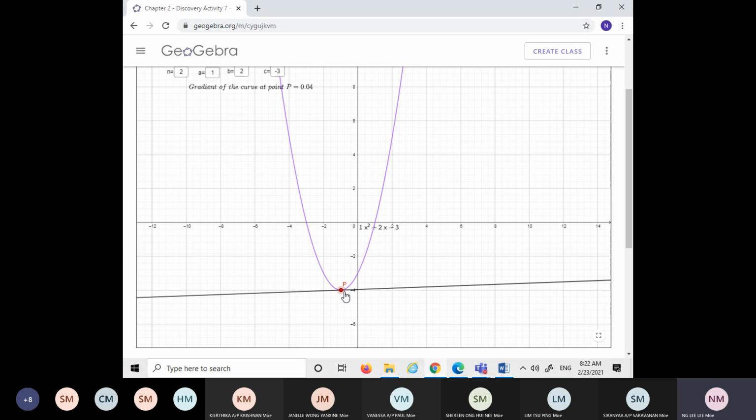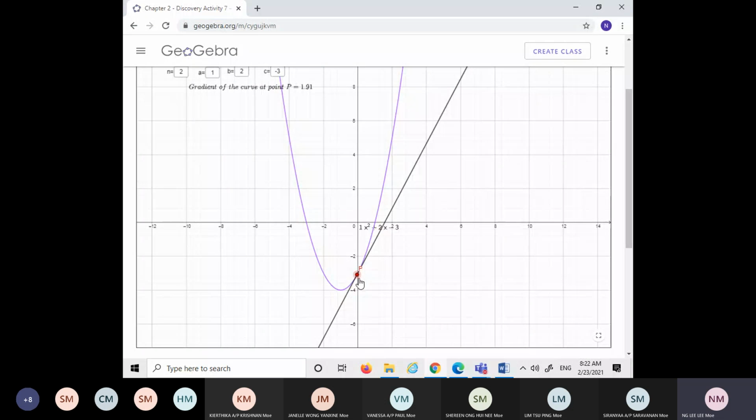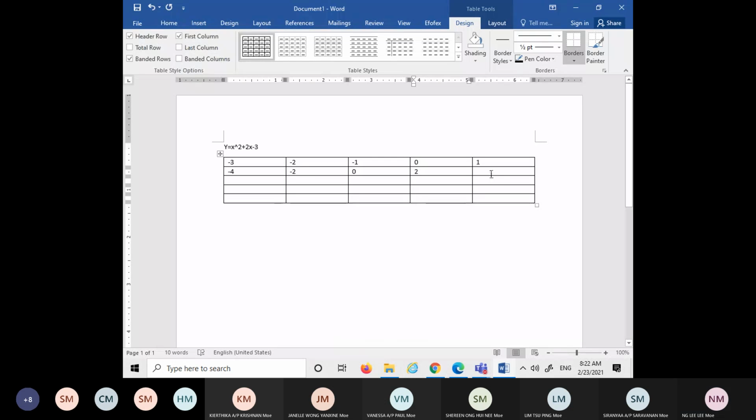And then when x is equal to 0, here it is 1.91, so it's 2. Here is 2. Right? When x is 1, you move here, it is 3.98, so it's around 4.